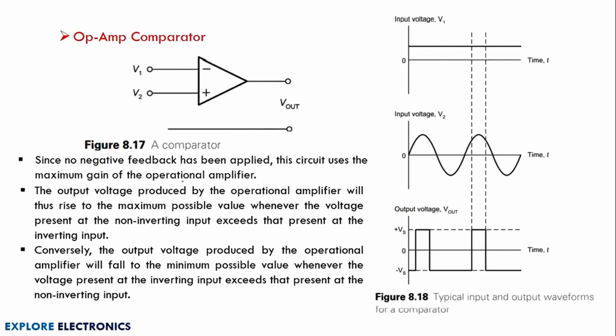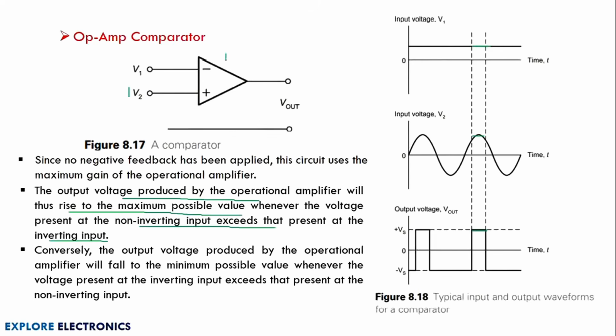So here the output produced by the op-amp will rise to the maximum possible value when the voltage present at the non-inverting terminal exceeds the voltage at the inverting input terminal. Means when V2 is more than V1, you can observe here in the dotted line, it reaches the maximum value. Vout will be maximum.